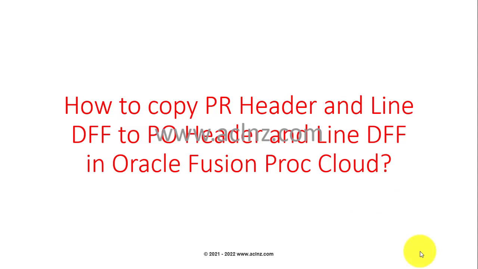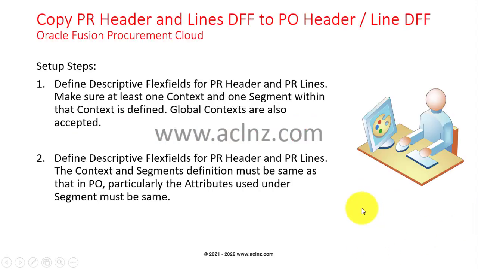So what I have done in the next slide is shown you some setup steps that you must do. First thing you have to do is define descriptive flex field for purchase requisition header and purchase requisition lines. Make sure at least one context has been defined with one segment within that context.